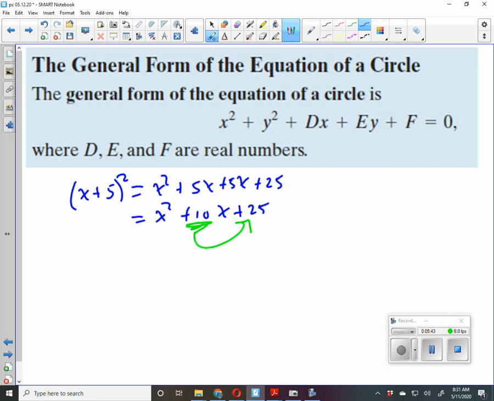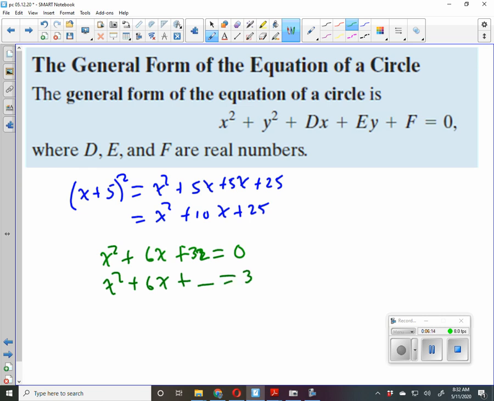for instance, let's say we had x squared plus 6x minus 32 equals 0. You would say x squared plus 6x plus something equals positive 32.